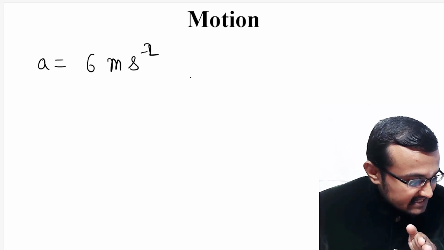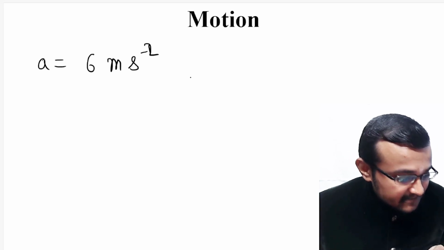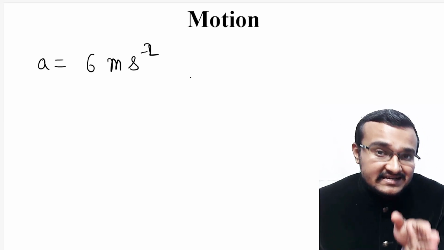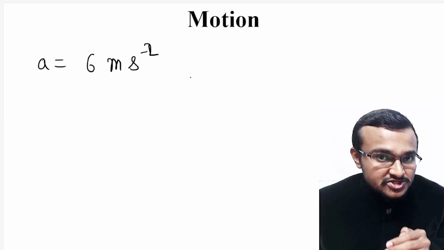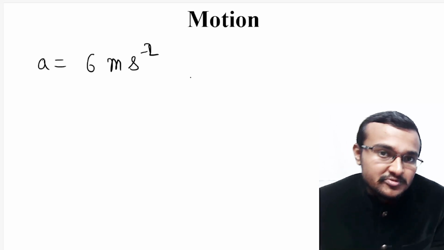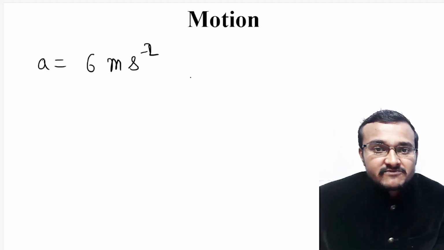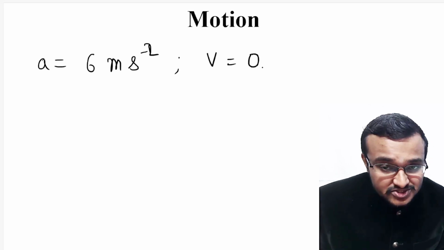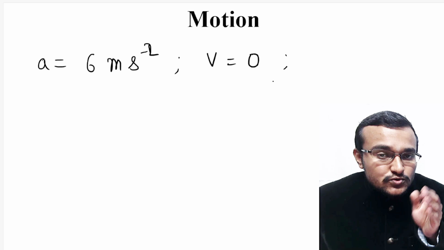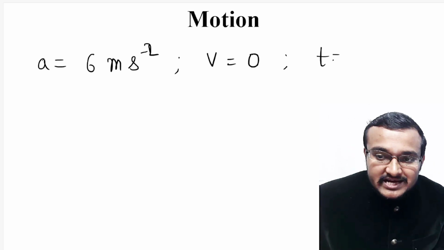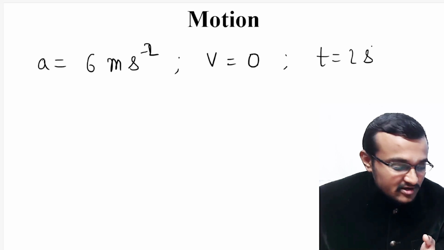Initially it was traveling at a certain speed, and after applying 6 meter per second square acceleration opposite to the direction of motion, that means after applying the brake, the car has come to stop. So the final velocity will be equal to 0, and the time taken to achieve this is 2 seconds. We don't know the initial velocity.